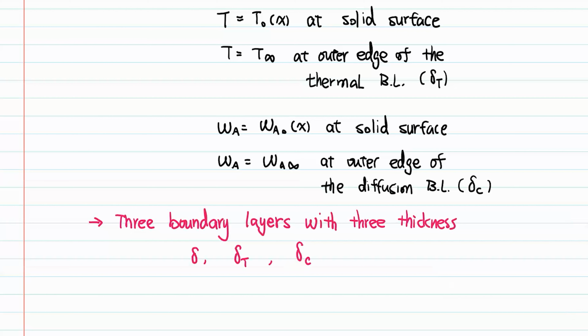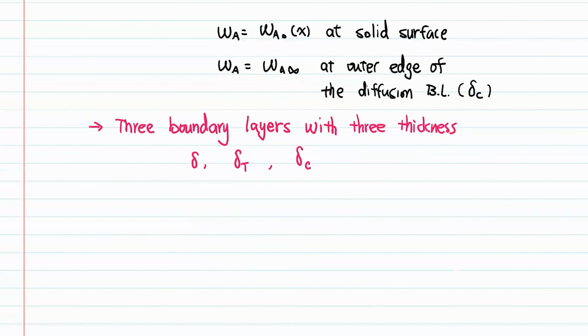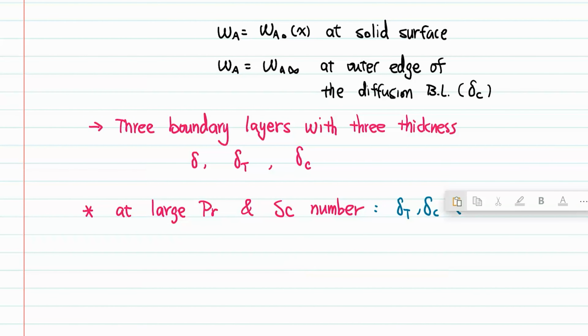And it's interesting to do a quick analysis to see the relative thickness between different boundary layers, right? So here are some notes that maybe you want to memorize, but it's easy to understand. When you're at a large Prandtl number and large Schmidt numbers, that's telling you that the thermal and the diffusion boundary layers are much thinner than the velocity boundary layer.